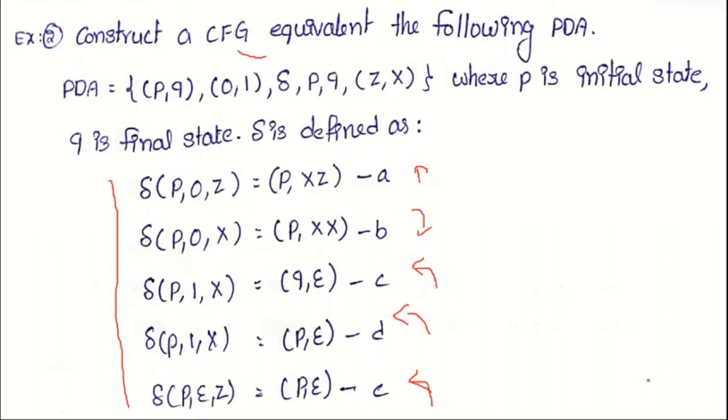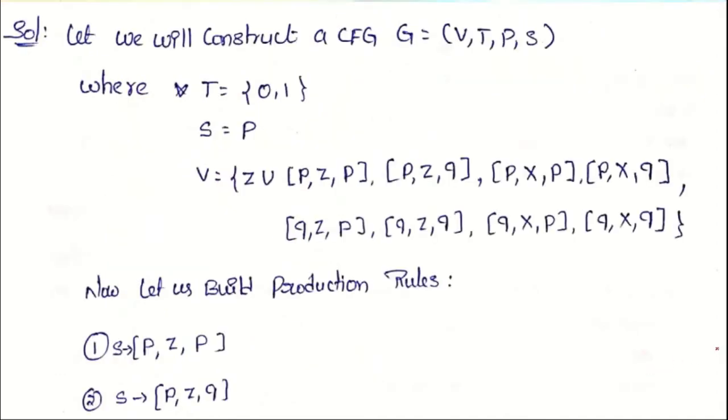Now we will observe how to convert from pushdown automata to the equivalent context free grammar from each and every production rule.